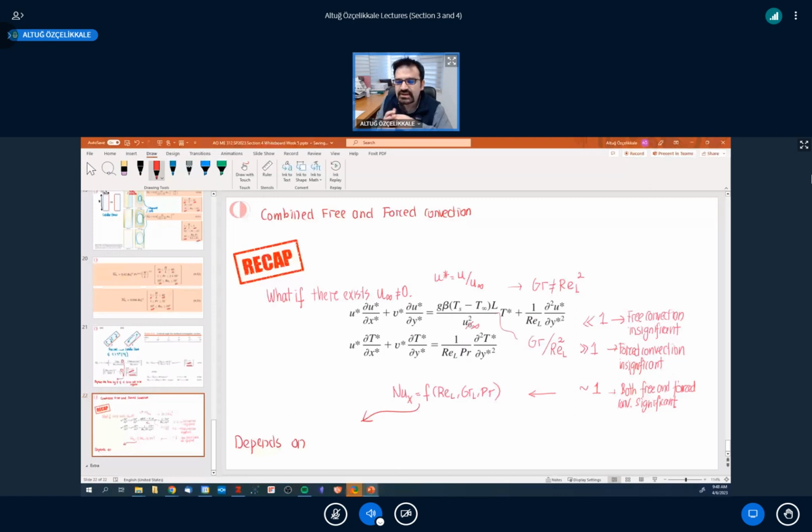It depends on the relative directions of the forced and free convection, meaning it depends on whether forced and free convection are assisting or opposing each other.